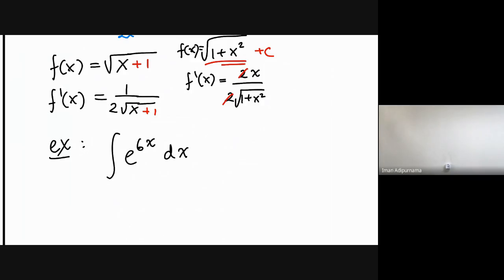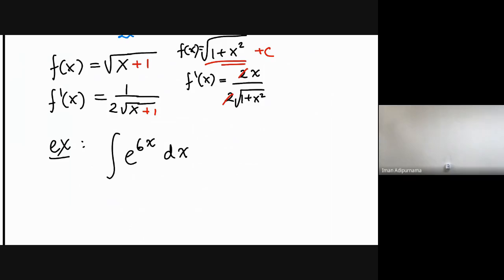If you have e to the 6x, it becomes 6 times e to the 6x.